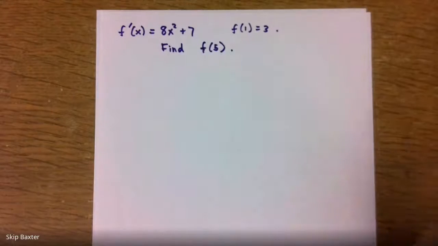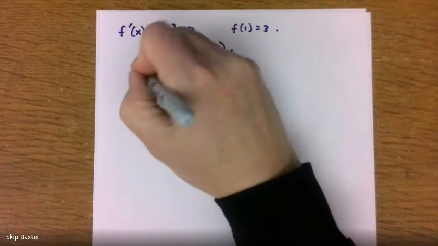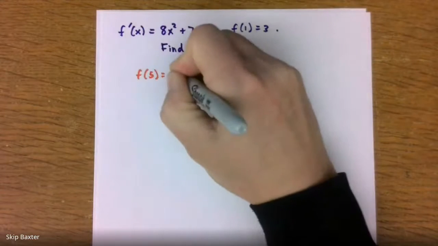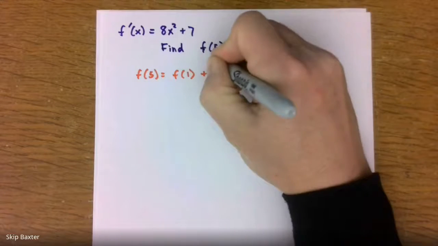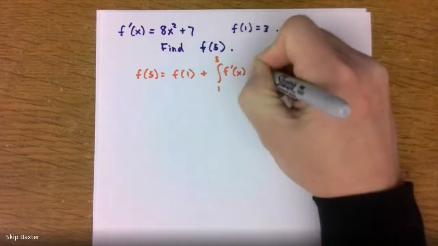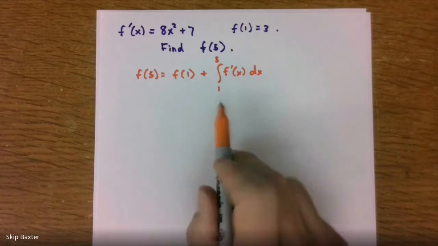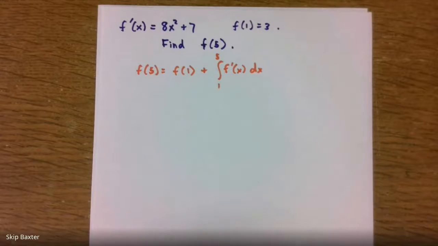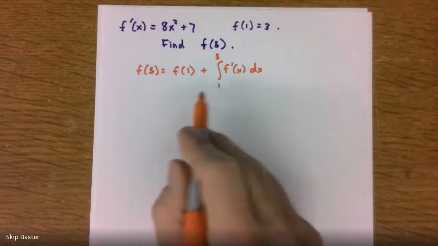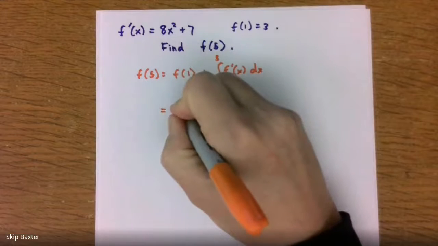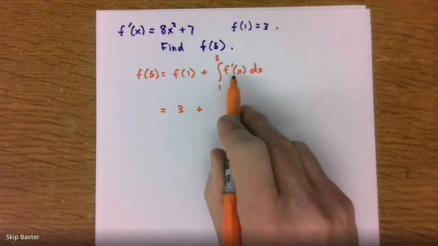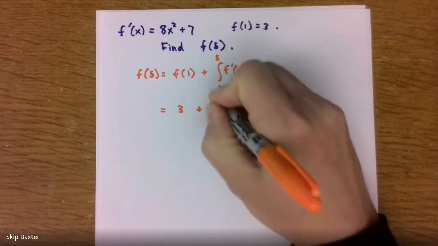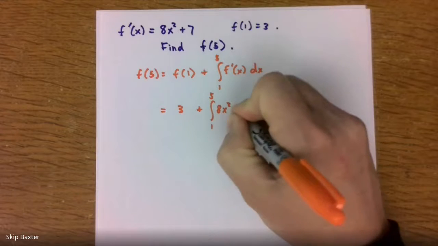All you'd have to do is say f of 5 is equal to f of 1 plus the integral from 1 to 5 of f prime of x dx. This is really just FTC Part 1 written a different way, and we know all the pieces. This is 3, f of 1, plus the integral from 1 to 5 of 8x squared plus 7 dx.